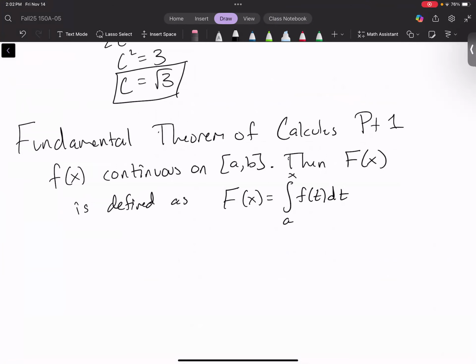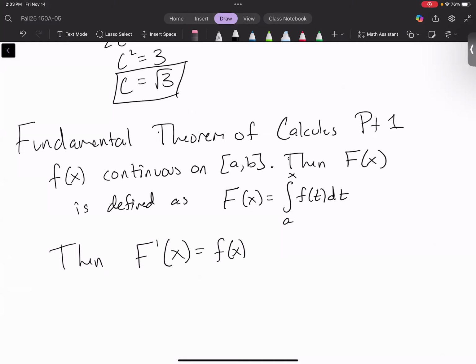Well, so what? It turns out capital F of x is in fact an antiderivative of little f. This is the big guy: capital F prime equals f of x on a to b. So this is the connection.